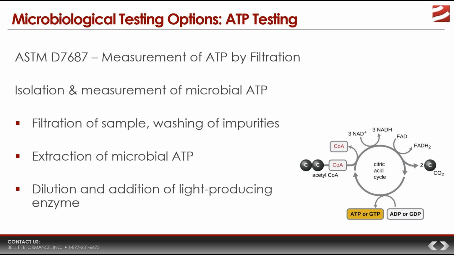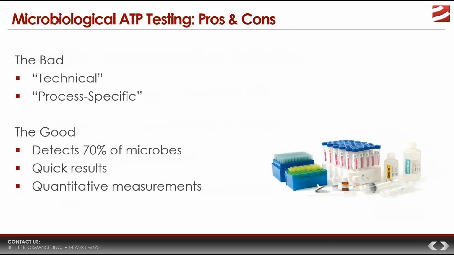So, just as with the other tests, we've gone over the pros and the cons. We're going to do that with ATP testing, but we're going to flip it around. We're going to talk about the cons first, the bads.